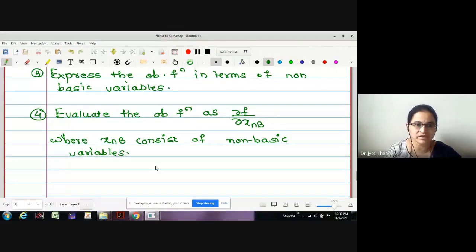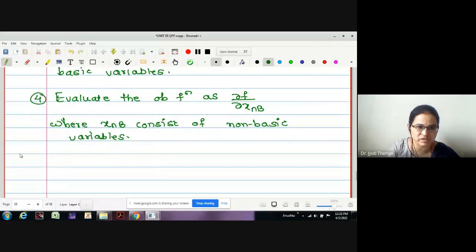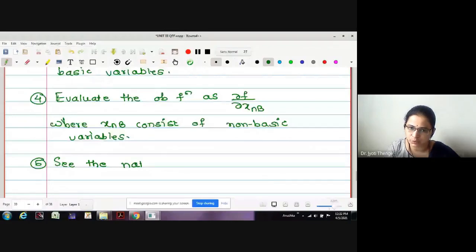Now in step 5, we are going to observe the nature of ∂f/∂x_nb at x_nb equal to 0.